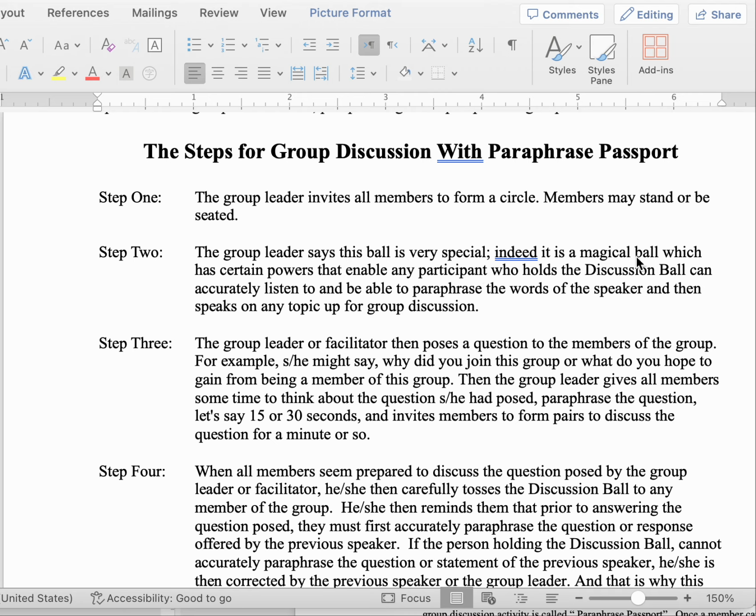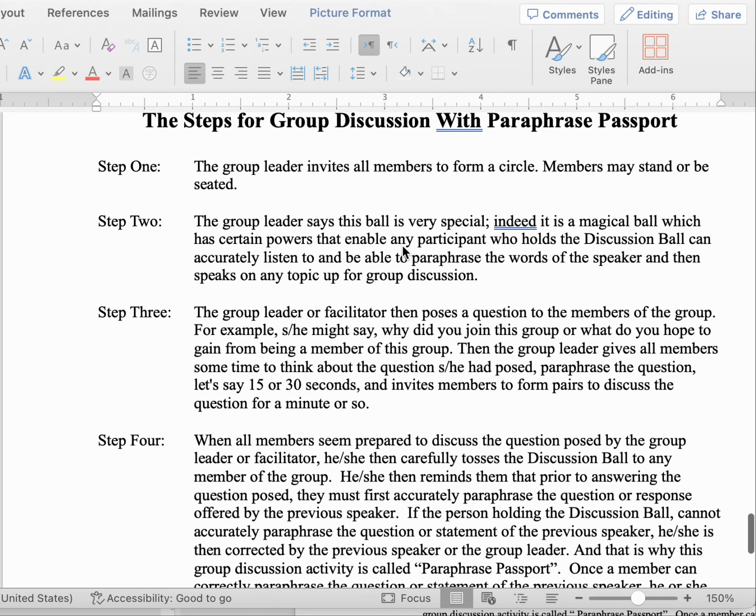It's a magical ball which has certain powers that enable any participant in the group who holds that ball to accurately listen and paraphrase the words of the speaker. And then he or she can speak on any topic up for discussion. So that's step number 2.